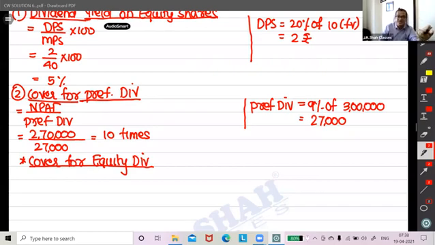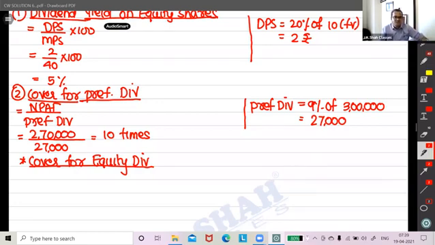No. Profits may fluctuate, but the amount of preference dividend will remain the same. Will equity dividend remain the same like that? No, sir. How will it remain the same? So that's why in the standard list of ratios, we have not written cover for equity dividend, because no company calculates like that. Okay, fine. We have been asked to calculate. We can apply the same logic over here.